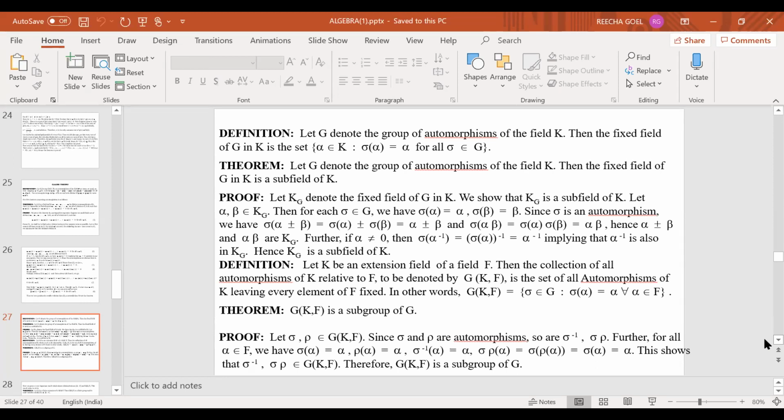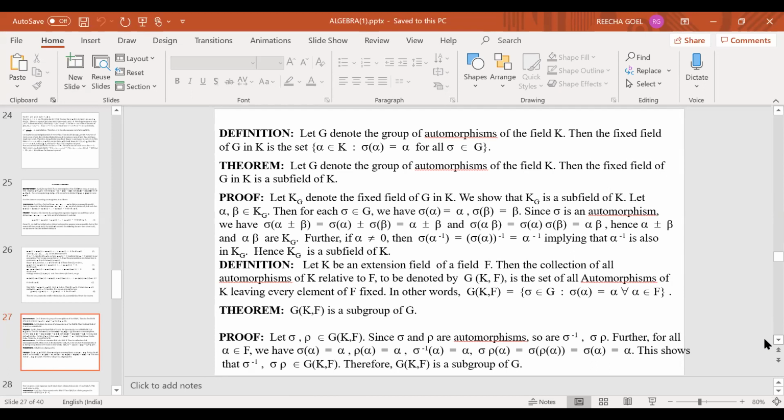And this is nothing but alpha inverse, implying that alpha inverse is also in K_G. Therefore, this fixed field is always a subfield of K. So if we are given a group of automorphisms, we have seen how to define this fixed field.